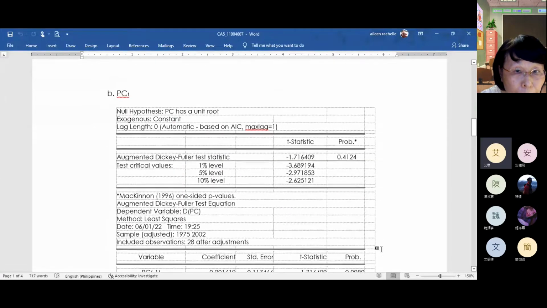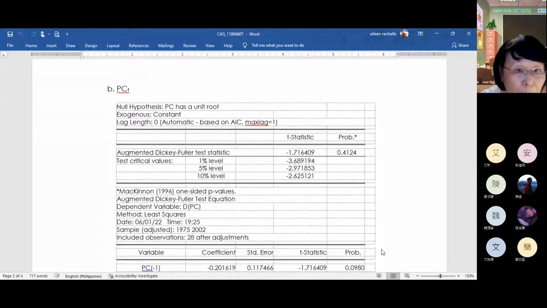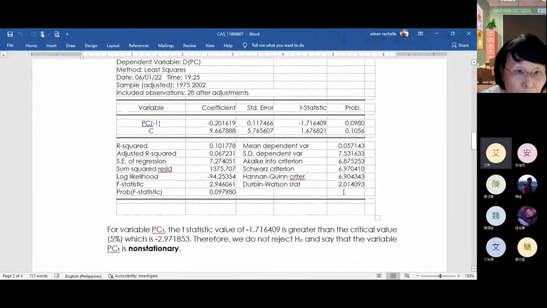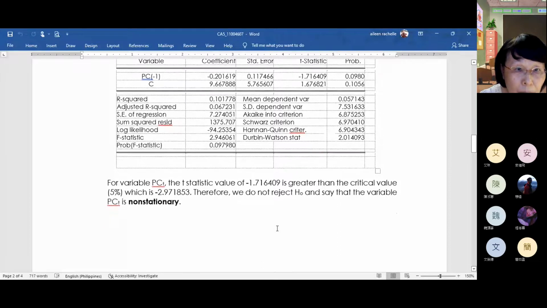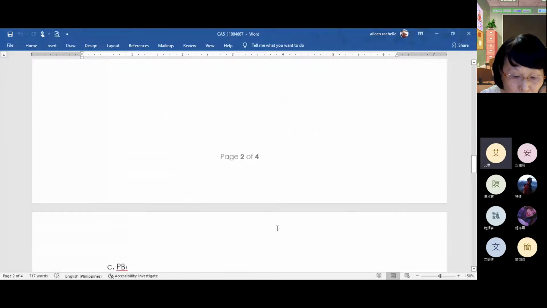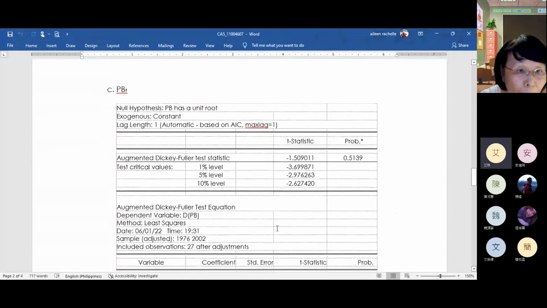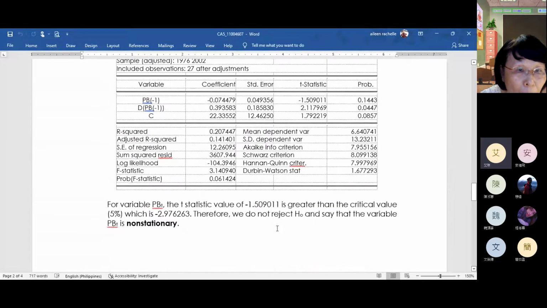For variable PC, the t statistic value of negative 1.716 is also greater than the critical value, so it's also non-stationary. For variable PB, same.